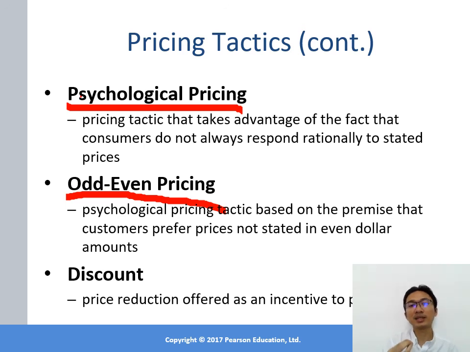Therefore, customers regard prices of 1,000, 100 or 50 and 10 ringgit as significantly higher than 995, 99.95 or 9 ringgit 95 cent, which they deem as cheaper. So if you put 1,000 ringgit Malaysia or 999 ringgit, people will always perceive that this 999 is still cheaper. This is what we call odd-even pricing, which we can see being practiced everywhere.